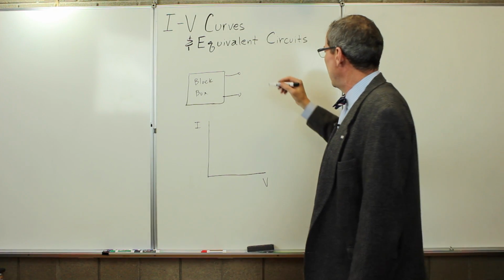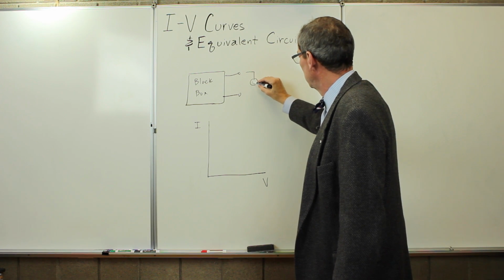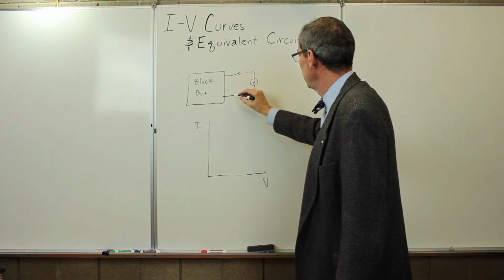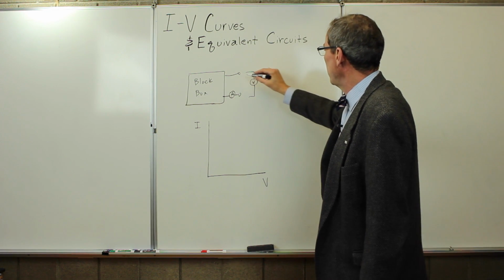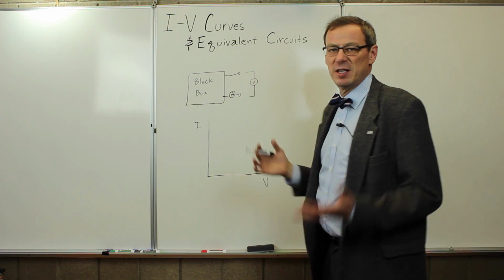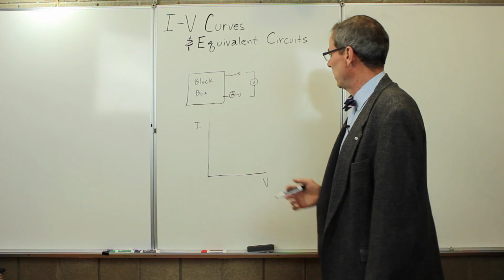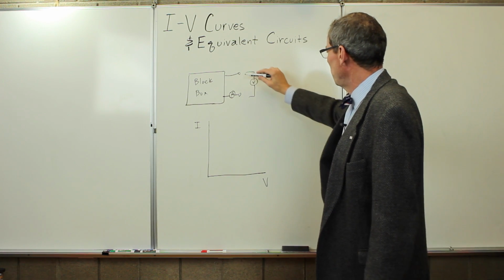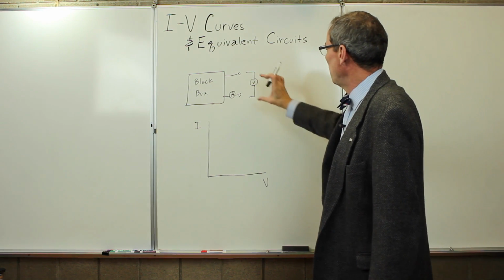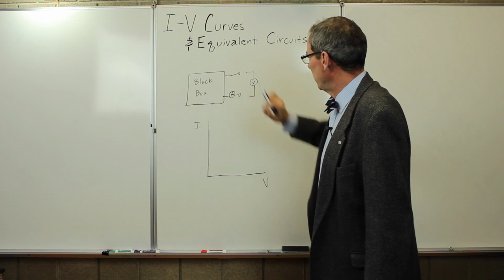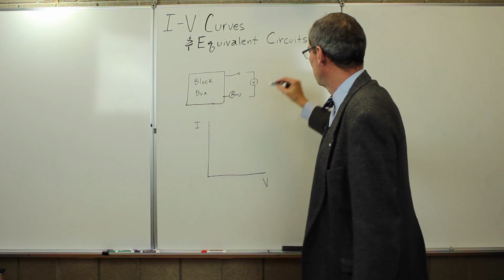The way we'll do that is we will essentially measure the voltage across those leads and the current flowing through those leads, and we'll do that by putting various resistors in here that we can control. So there's a couple of obvious points on something like this. So what we're going to do is we're going to put various resistors across here. We'll measure the voltage and the current, and we could imagine initially not putting anything there.